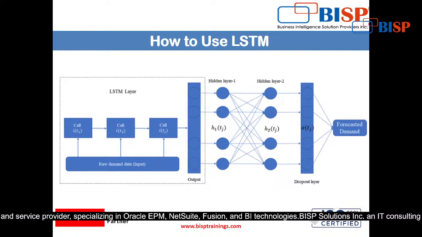The main thing is that first take the information, distribute that information, then create two or three hidden layers in which every information is internally connected with the next hidden layer, and then finally the demand is forecasted.